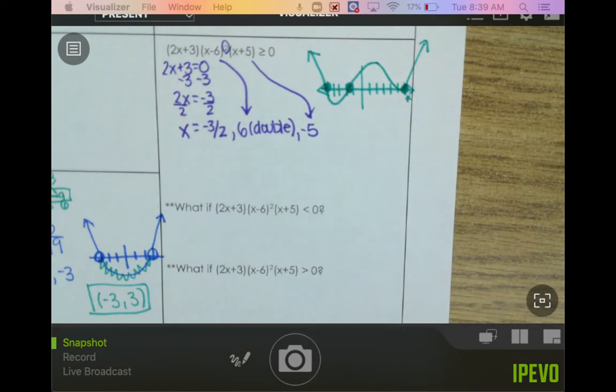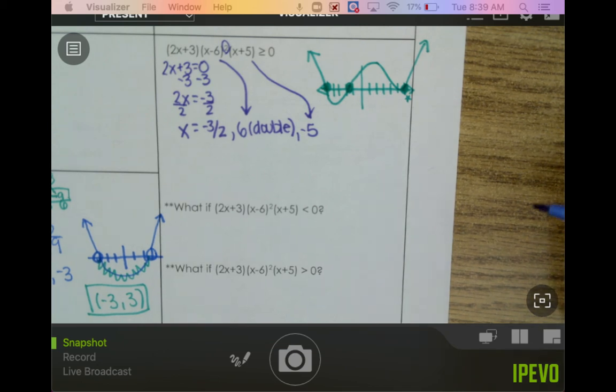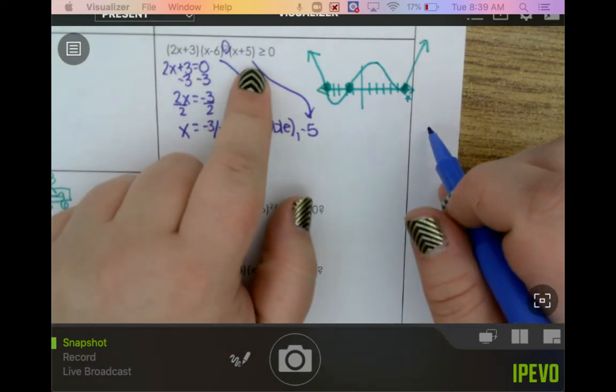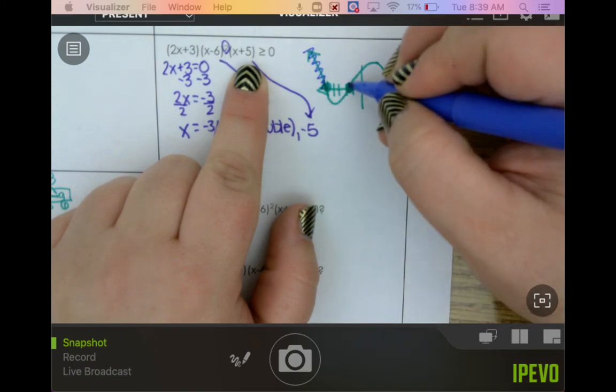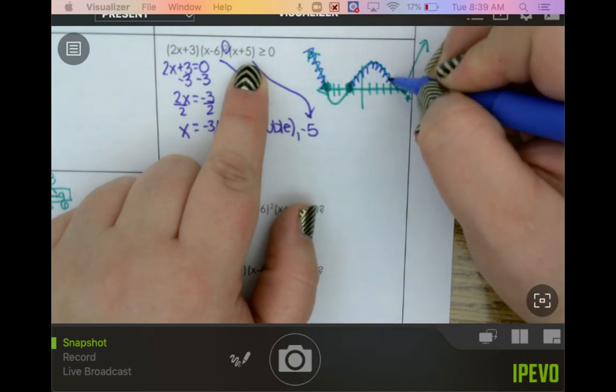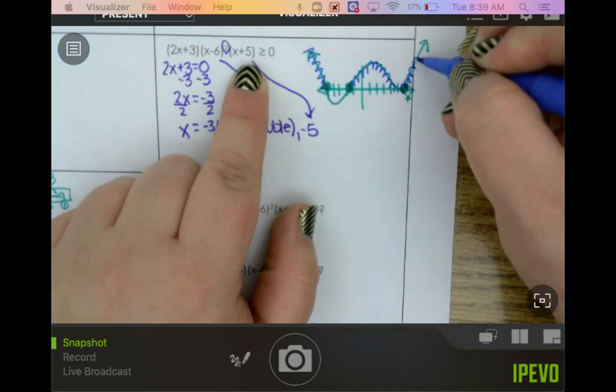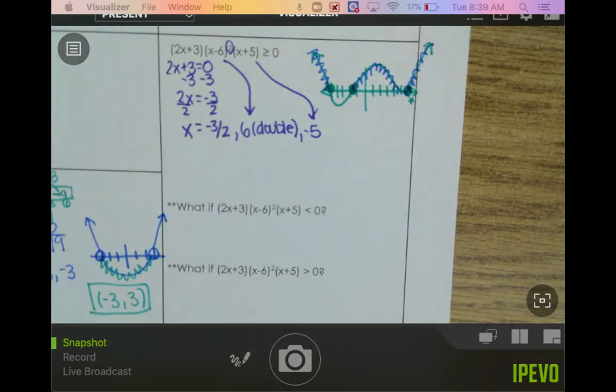And it's okay if your polynomials don't always look super pretty. It can be kind of awkward to draw, especially as you're getting used to it. This is a greater than symbol, so I want the parts that go above. So that's actually all 3 of those parts. And then I'm going to compare this one to the one above it.